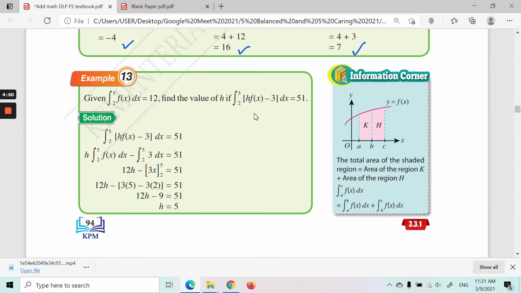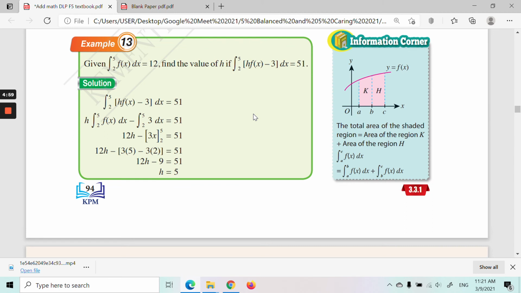So look at example 13. Given that integrate 2 to 5 for f(x) is 12, find the value of h if this one. So what we do is basically subtract these two, and then the constant h you can bring out. So you have h integrate 2 to 5 f(x) dx minus integrate 2 to 5 of 3 dx equals 51.